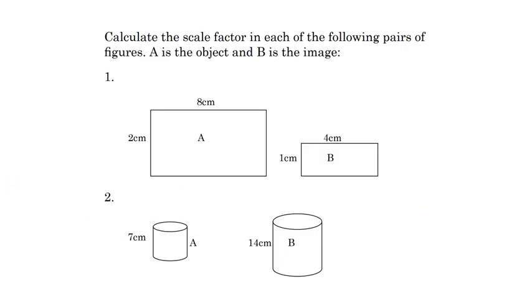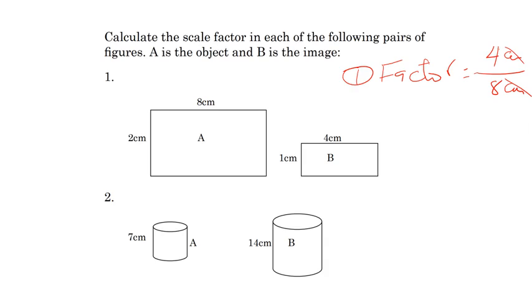Okay, let's look at this example as well. They're saying calculate the scale factor of each of the following pairs of figures. A is the object and B is the image. Okay, so let's look at this. We may choose one side. In this case, we may choose the length. Okay, for number 1, we can say that factor will be equal to the image, that is 4 centimeters, divided by 8 centimeters.